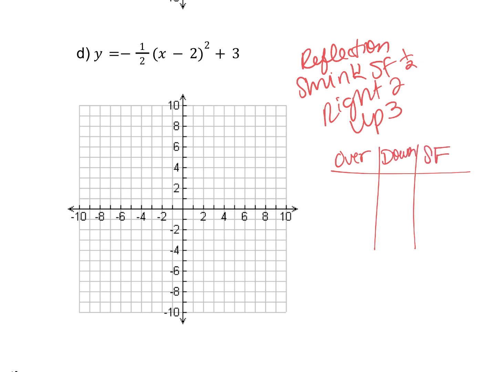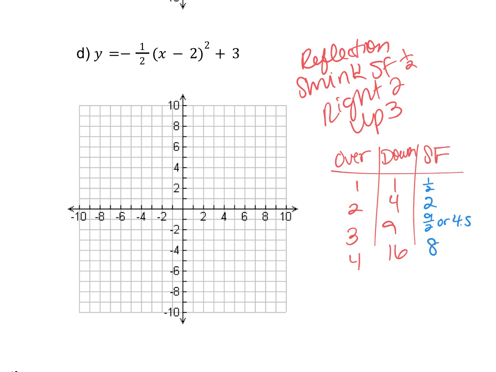And then your scale factor, so usually over 1, down 1, 2, 4, 3, 9, 4, 16. But with this scale factor, we're going to have to multiply each one of those numbers in the down column by 1/2. So over 1, down 1/2, over 2, down 1/2 times 4, 2. This would be 9/2, or you could say 4.5, whatever, same thing. And the last one would be 8.